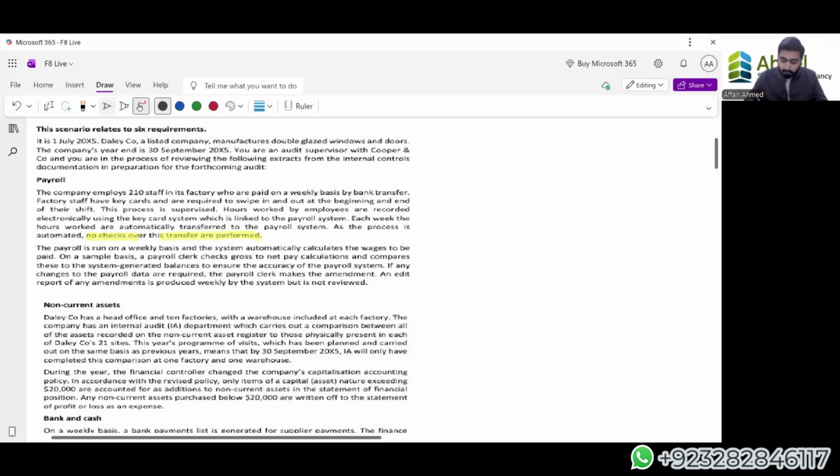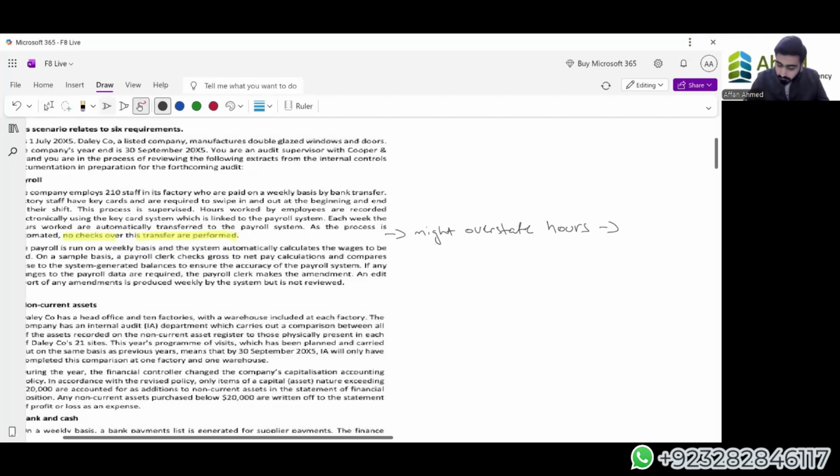The problem is that it might overstate hours, and the impact will be overpayment of payroll.